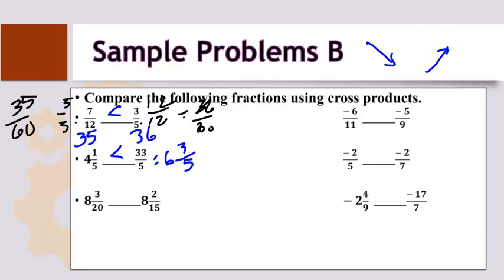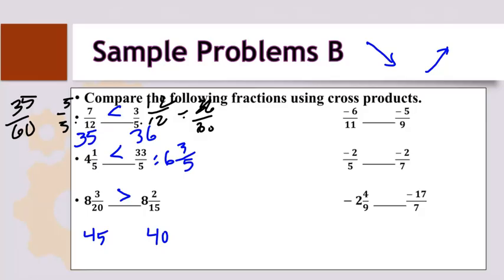So if I cross multiply, we would have 45 on the left. 20 times 2 is 40 on the right. So 45 is bigger. So 8 and 3/20ths would be bigger than 8 and 2/15ths. Now I could get common denominators for this one, but the simpler part would just be, actually if I did common denominators, it'd be 60.